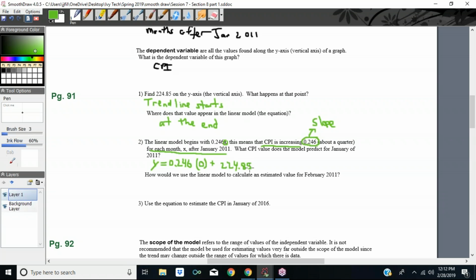If we're going to use the equation or the linear model to make a prediction, all we're going to do is put the value in for the x. So the x is the number of months after January 2011. So January 2011 is the starting month, so it's month 0. And the value is, of course, 224.85.